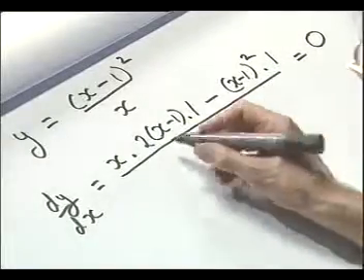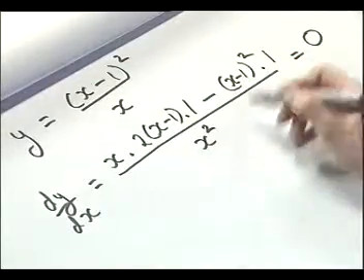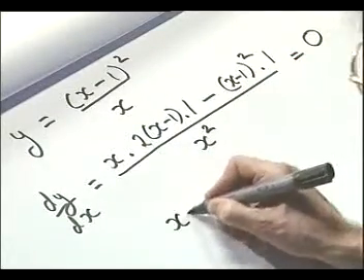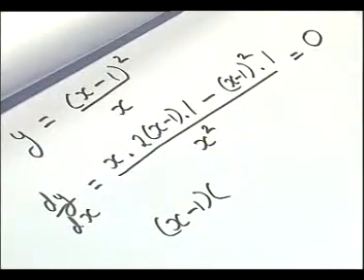Now, let's have a look at this. We need to tidy it up. It looks a bit of a mess. So let's have a look for some common factors. Well, here we've got an x minus 1 and here as well. So let's take that x minus 1 out as a factor. And let's have a look what we're left with.